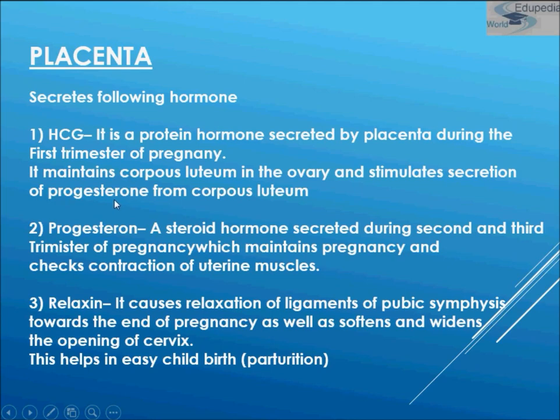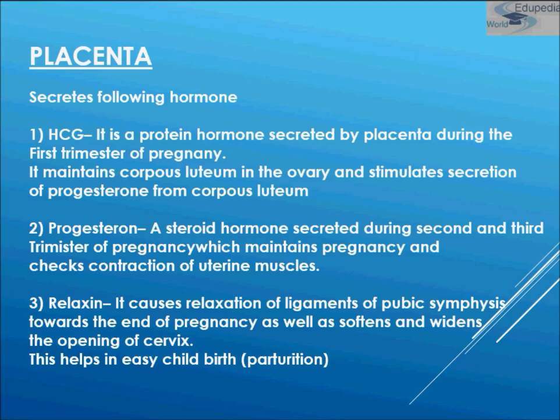It also causes increased secretion of mucus in the cervix of the uterus that forms a protective plug during pregnancy. Students, it also acts on the mammary glands of pregnant ladies and stimulates the formation of milk, secretion of milk and ejection of milk.